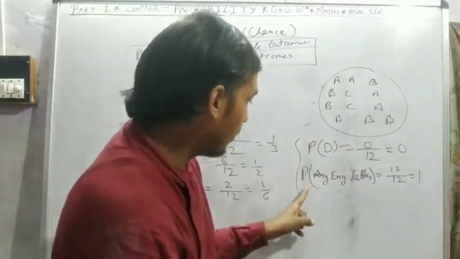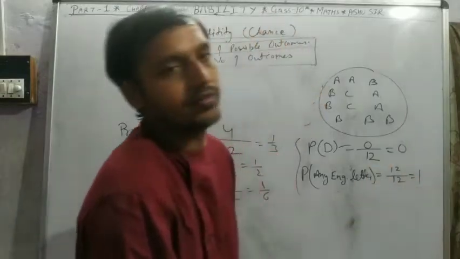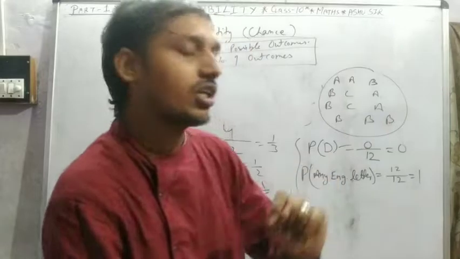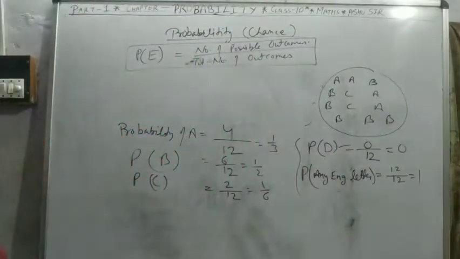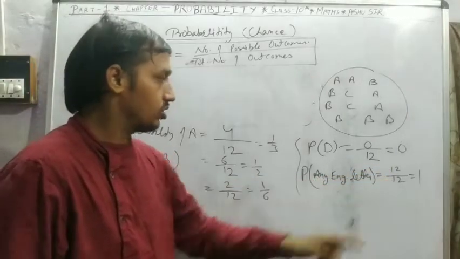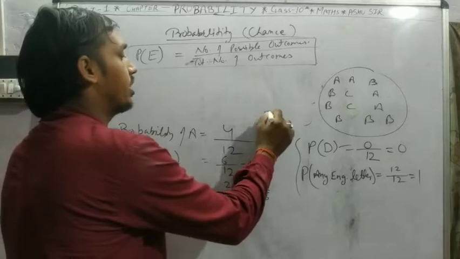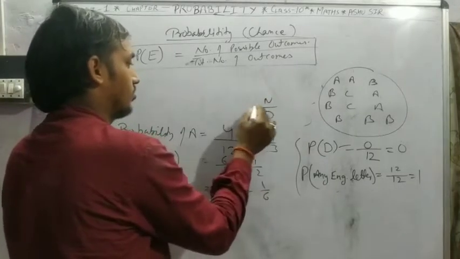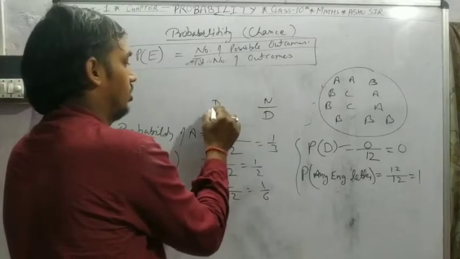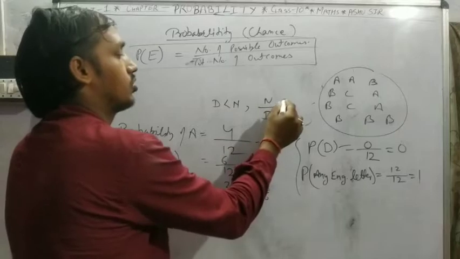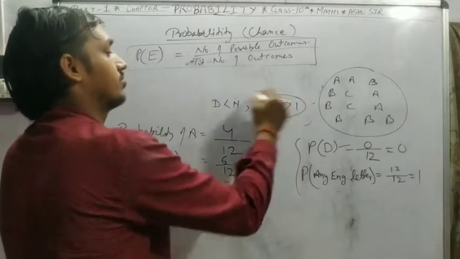So the probability is never greater than 1, because a fraction is greater than 1 when the denominator is less than the numerator.